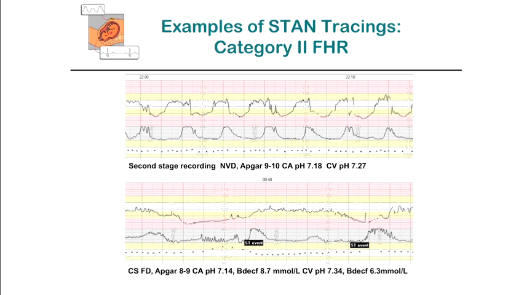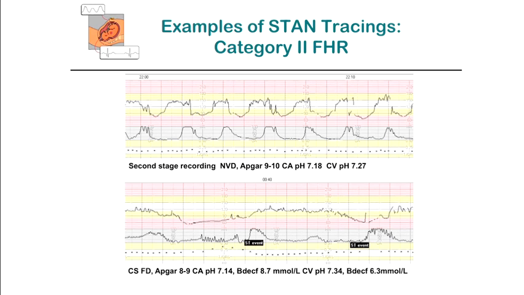Okay, so now maybe you're asking what happened to these patients. Well, because there were no ST events in the top, the patient was allowed to continue through labor and had a normal vaginal delivery with a normal pH and normal outcome, while the one on the bottom had a cesarean section, and the outcome was still good. But the question is really here, had we not done the C-section, or if we didn't know about the ST events and continued the labor, then would we have had this outcome?